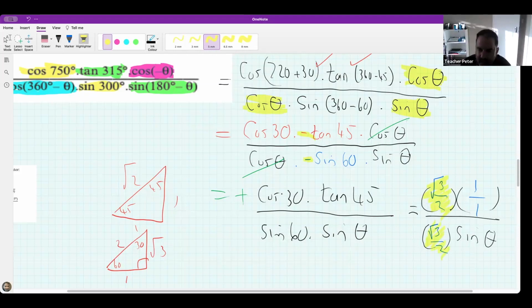If I wanted to change the cos of 30 to co-ratio, the co-ratio of cos of 30 is the sine of 60. So this is the same as the sine of 60 by using the co-ratio formula, and that's why those can cancel out. And then all I'm left with is that, but that was 1. So I'm left with 1 over the sine of theta.